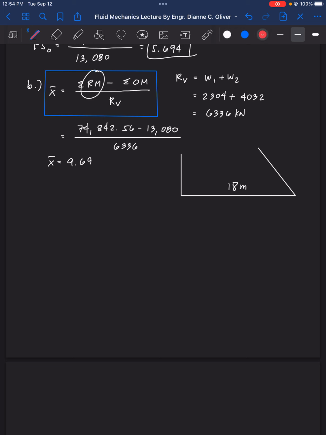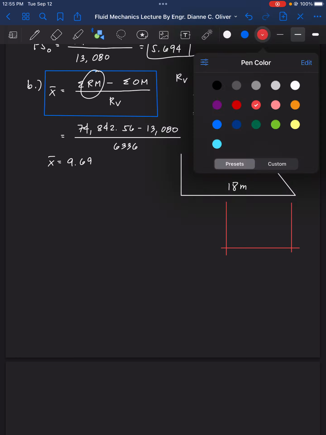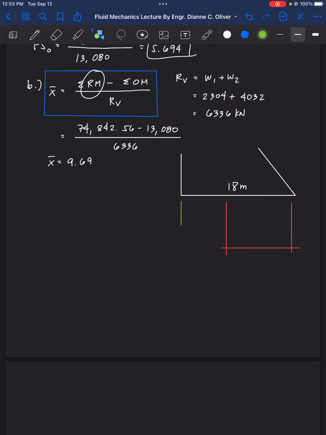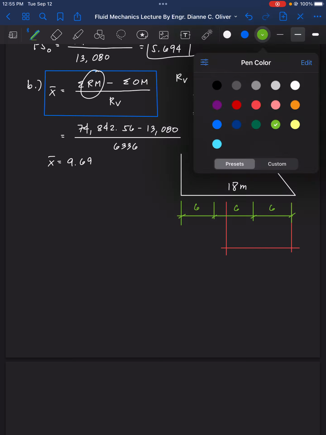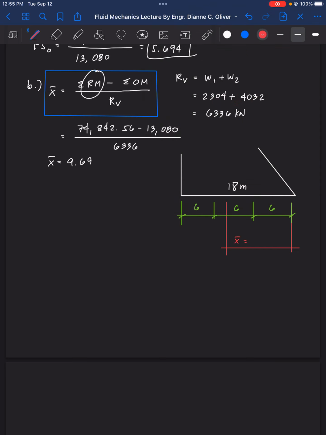The X bar is located around here. That means if you divide it into 3, therefore X bar is equal to 9.69 meters.